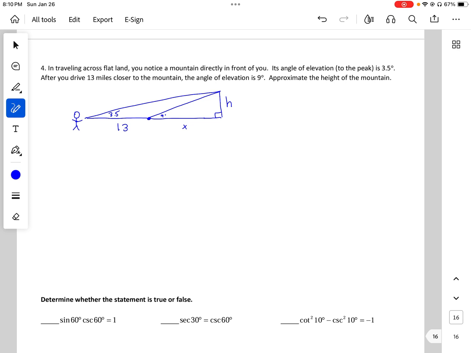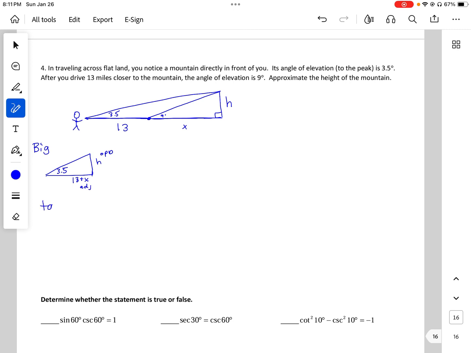Okay, we have the big triangle, so I'm going to write that here. Big triangle looks like this, 3.5, and then, oh, the whole thing would be 13 plus x, because you have to go the whole way if we're talking about the big triangle. Okay, and then this is h. So just using this, we have opposite and adjacent.